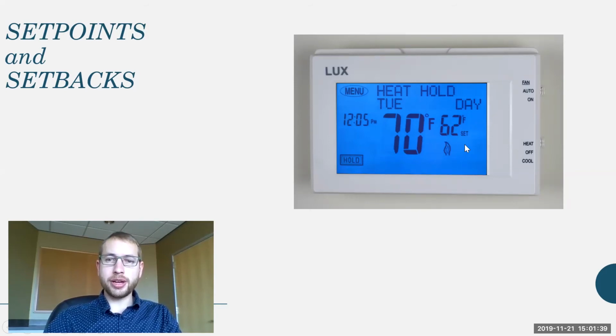So make sure that the setback temperature, right, when the building is unoccupied, you don't need to condition it to a comfortable point. Make sure that the pipes don't freeze and the surfaces don't cool down too much or overheat. But generally during the summertime, it should ideally heat up a little bit.